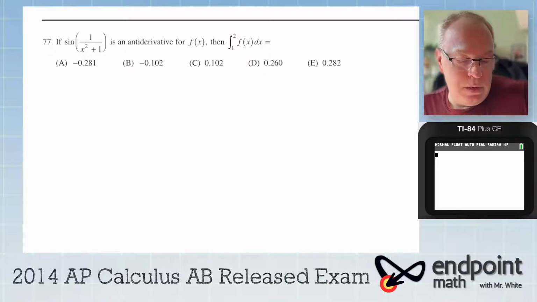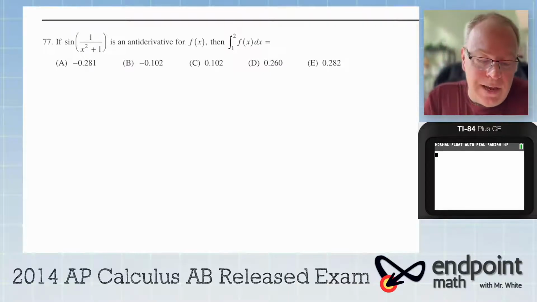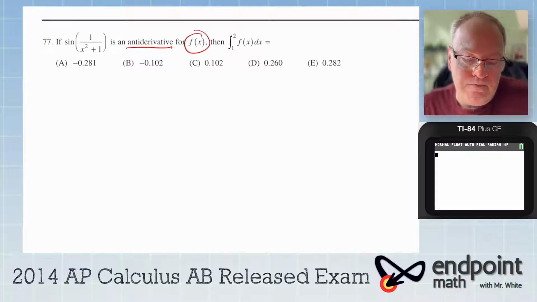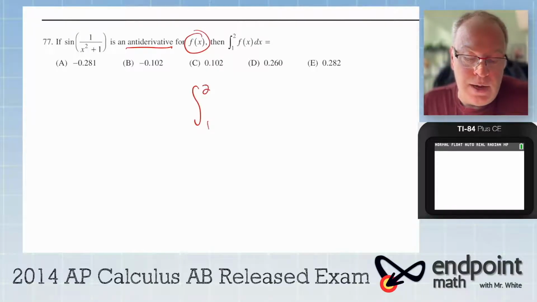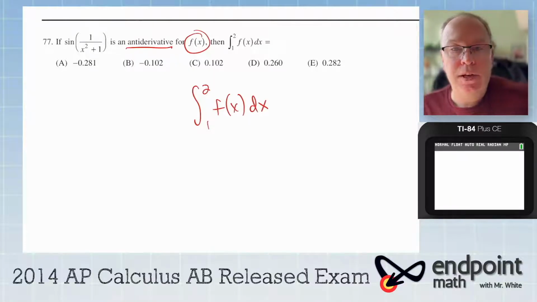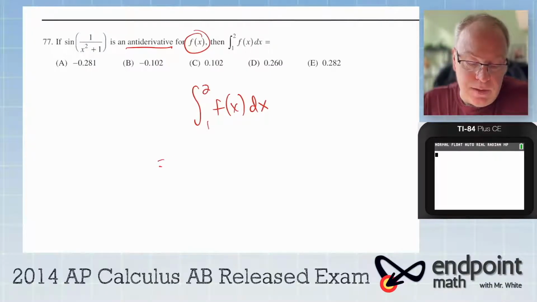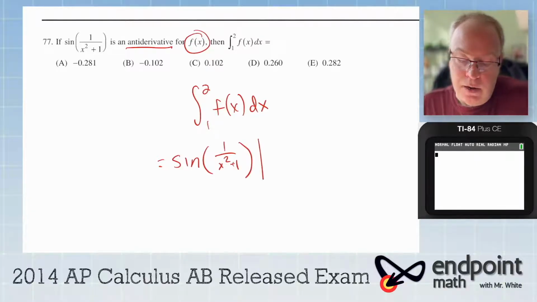If the sine function is the antiderivative for f, then the integral from 1 to 2 on f would be, well, you see here, we don't have to do the antiderivative because it's already been done for us. So this would be sine of 1 over x squared plus 1 evaluated from 1 to 2.